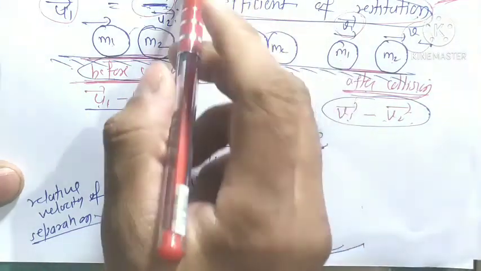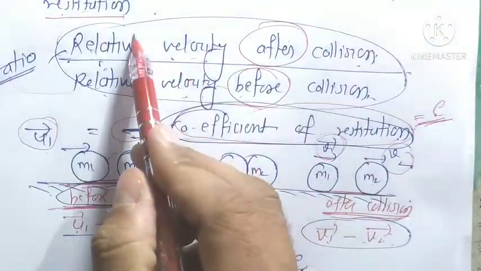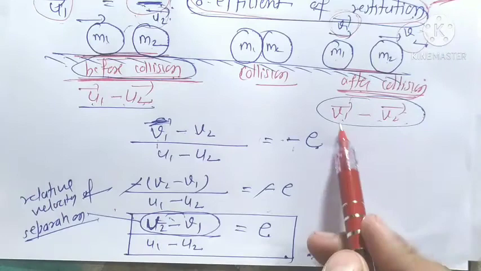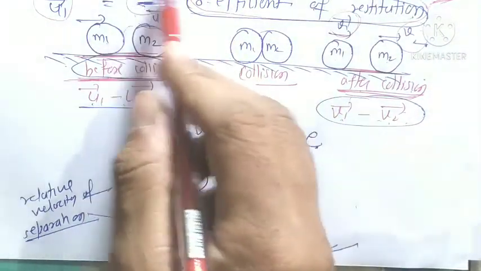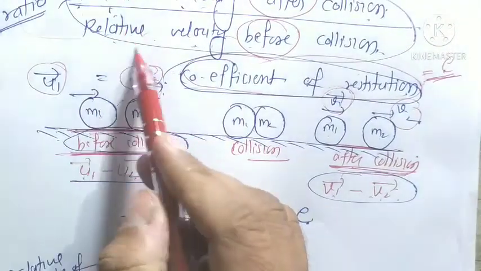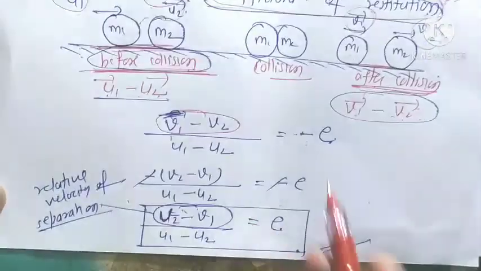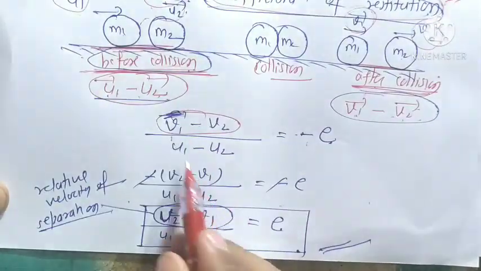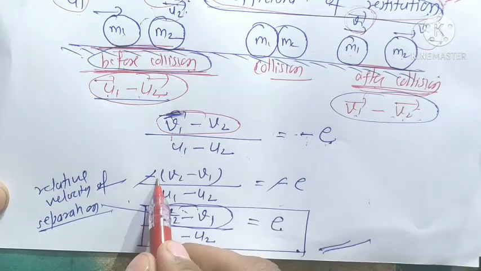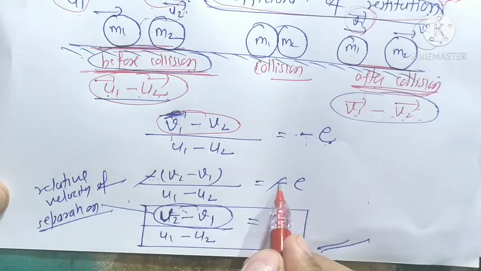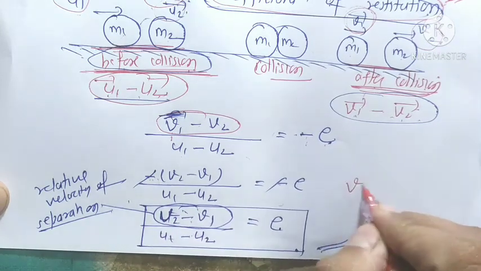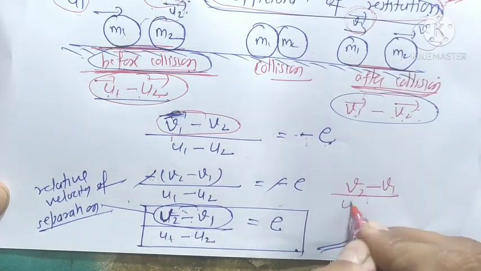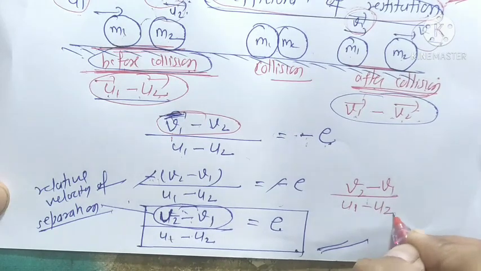So the ratio v1 minus v2 upon u1 minus u2 is equal to minus e. Taking the minus sign common, minus and minus cancel each other, so v2 minus v1 upon u1 minus u2 is equal to e.